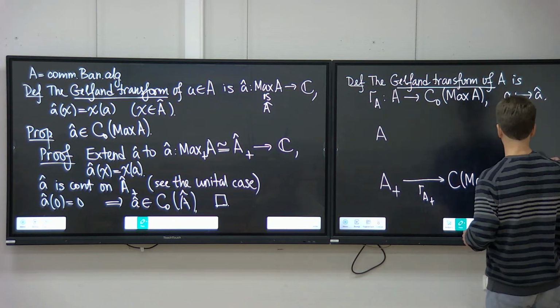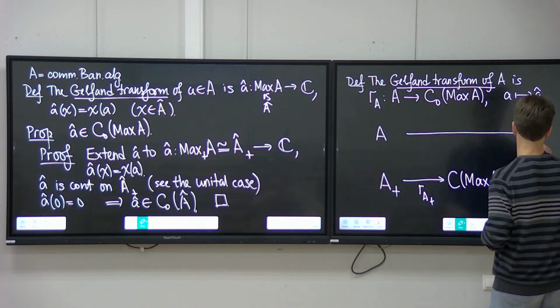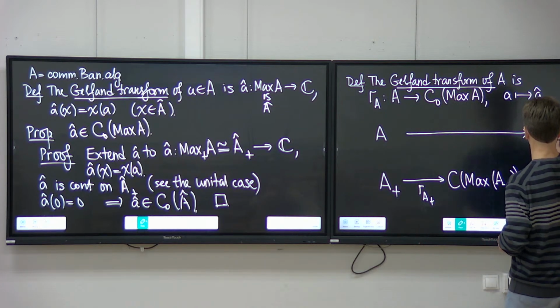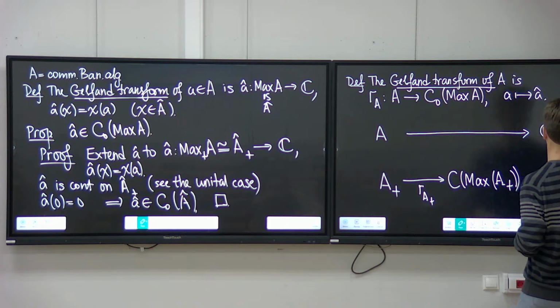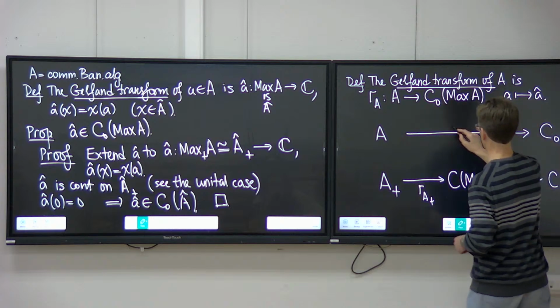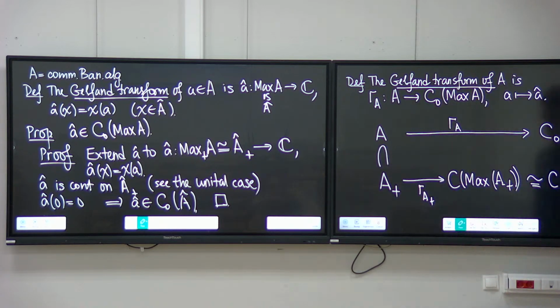And on the other hand, we have the Gelfand transform of A. Let's draw it here. It acts from A to C0 on the maximal spectrum. This is the Gelfand transform of A. So A is contained in its unitization. And again, we identify this algebra with the ideal of those continuous functions on max plus which vanish at infinity, that is at the zero character.